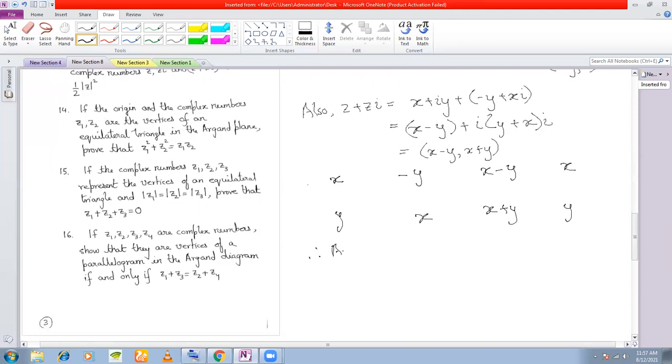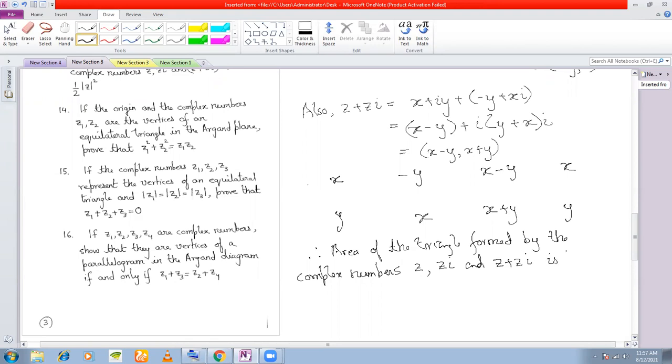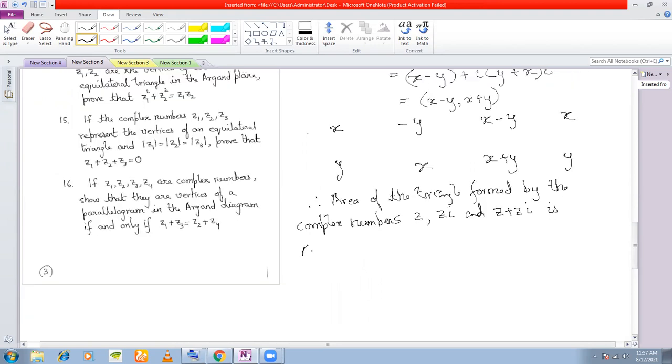So therefore, the area of the triangle formed by the complex numbers z, zi, and z plus zi is, you represent the area as delta, is equal to plus or minus half.